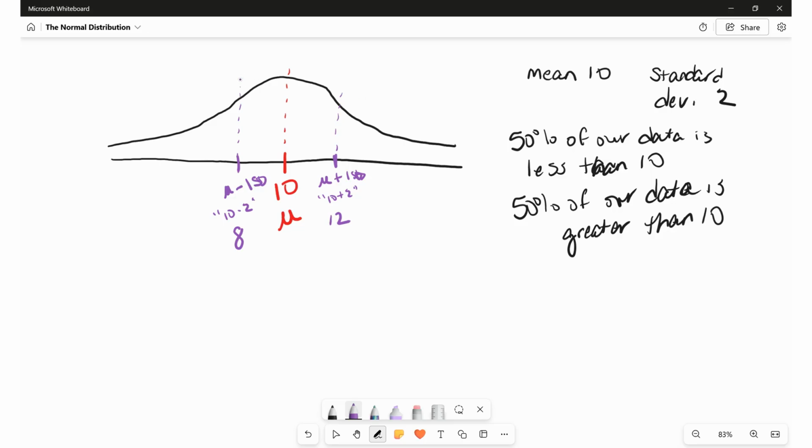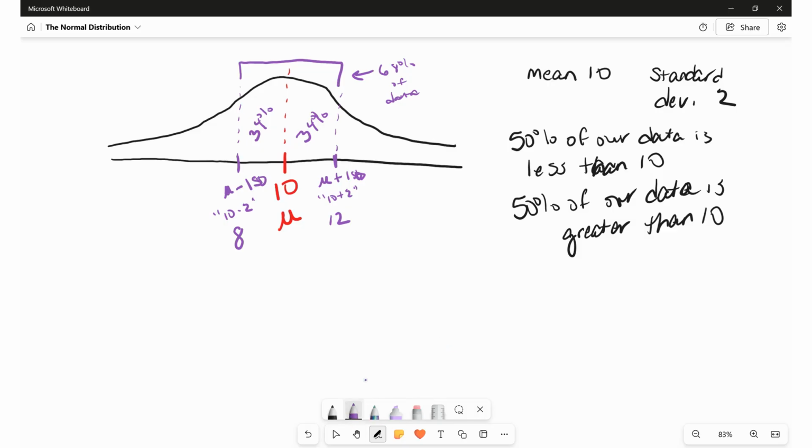So something that we can tell right now is that 68% of our data fall between these two purple dashed lines, which also means that this section here is going to be 34%, and this section here is going to be 34%.